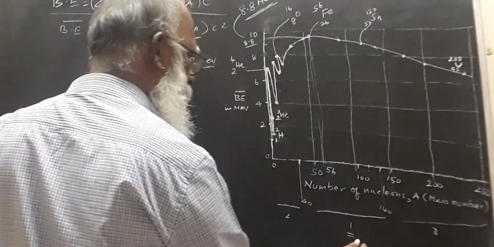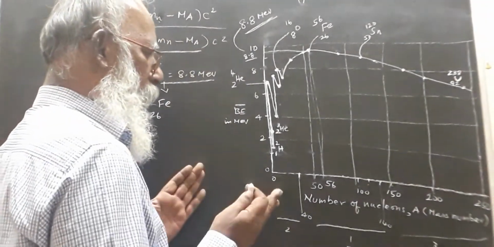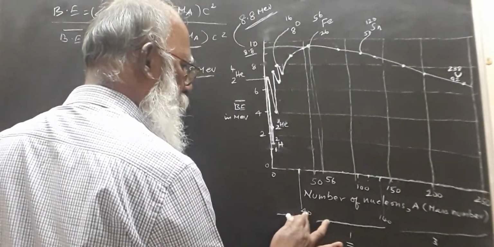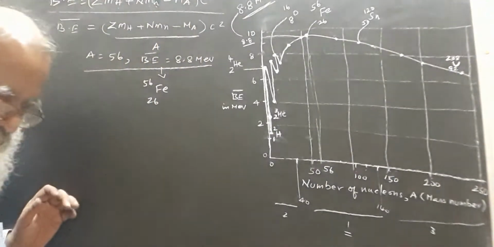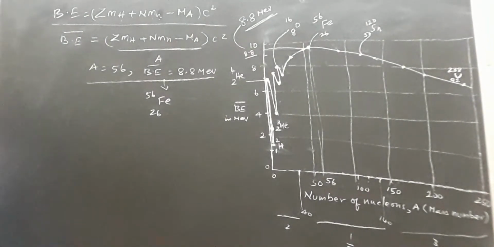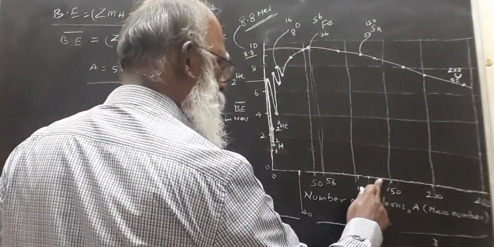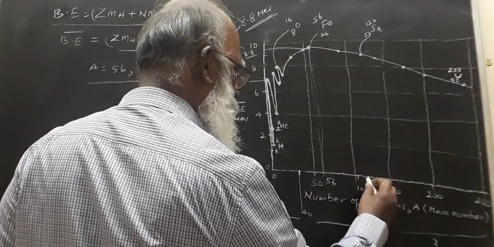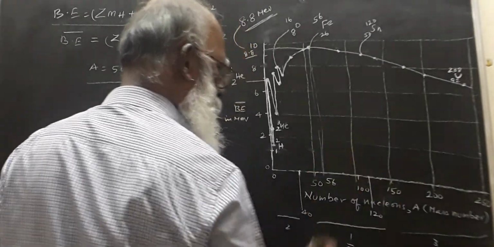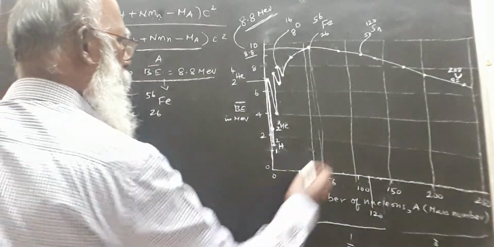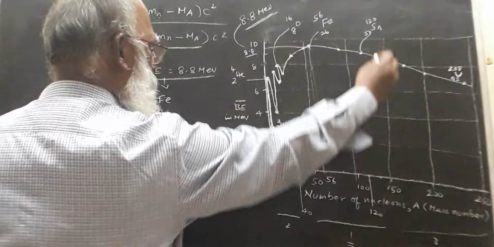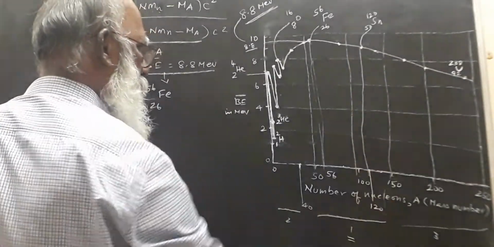The first indicates that the mass number A is equal to 40, and A is equal to 140. For simplification, we consider this as 120. Because it stands the same from 50 to 120, I consider this value of 120.